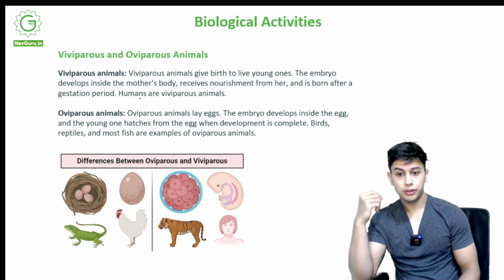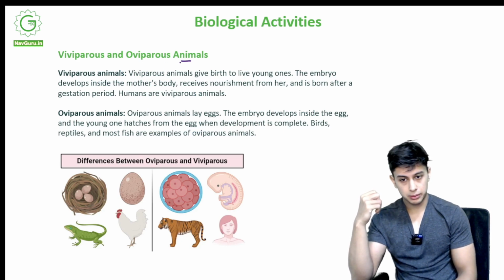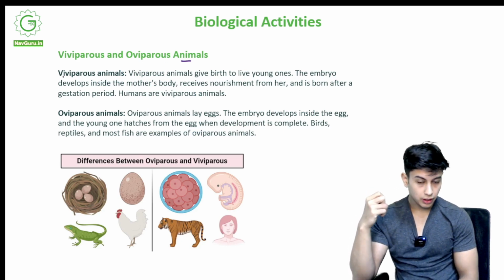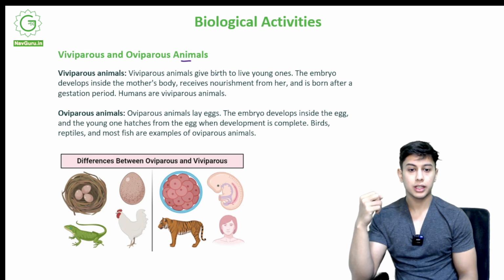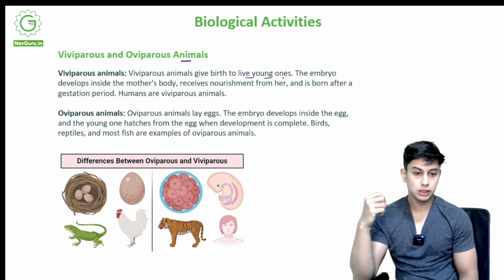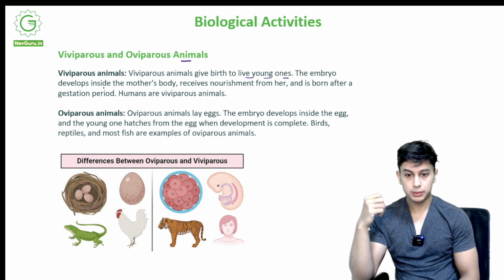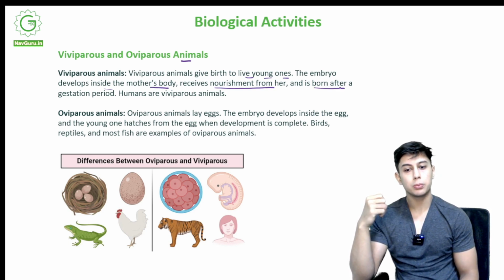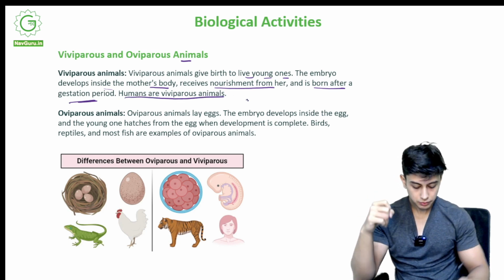Now we come to viviparous and oviparous animals. Let's go into detail. Viviparous animals give birth to live young ones. The embryo develops inside the mother's body, receives nourishment from her, and is born after a gestation period. Humans are viviparous.